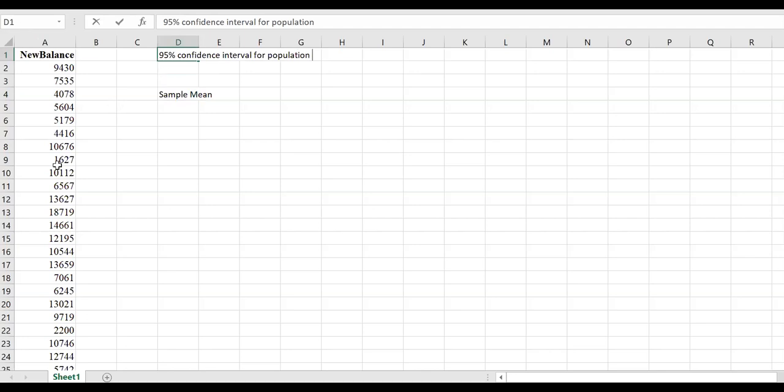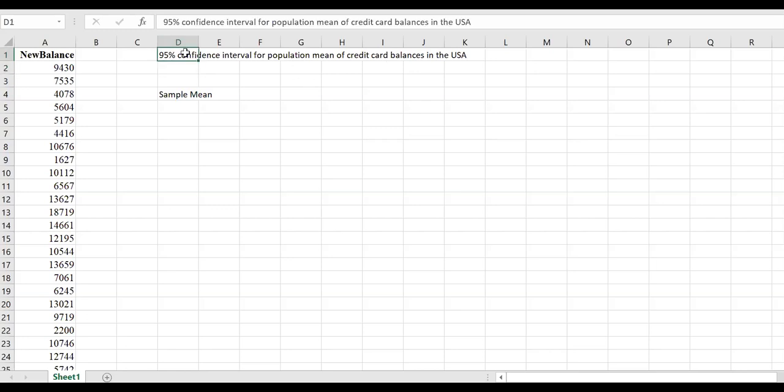In this case, these are sample numbers from the credit card balance of US citizens. So 95% confidence interval for population mean of credit card balances in the US.